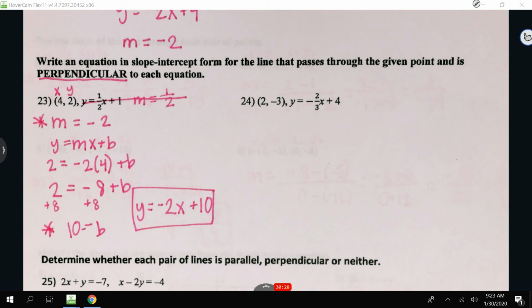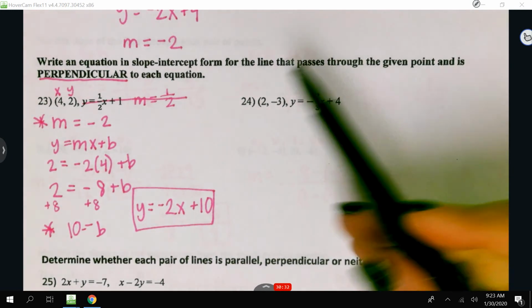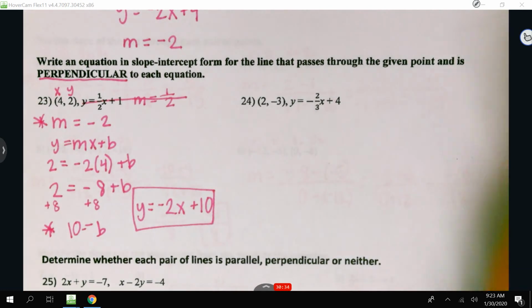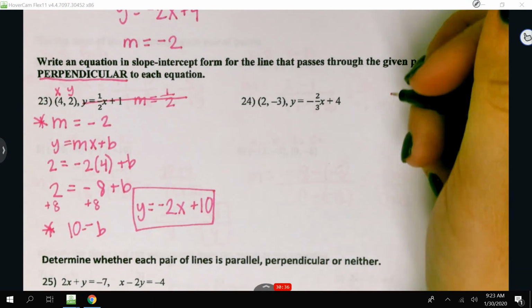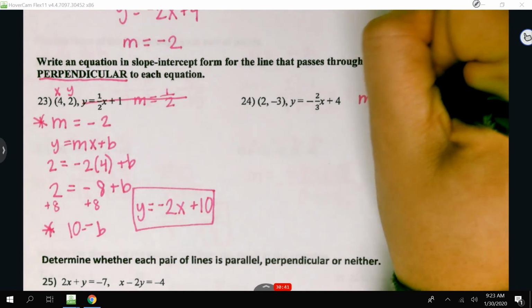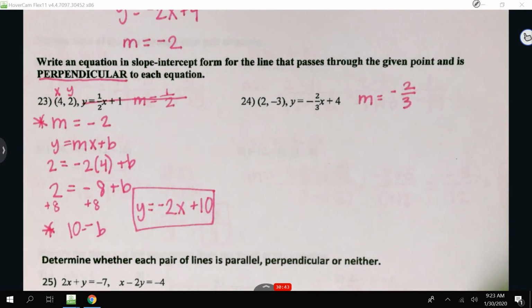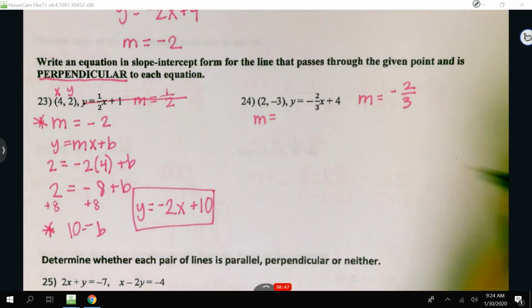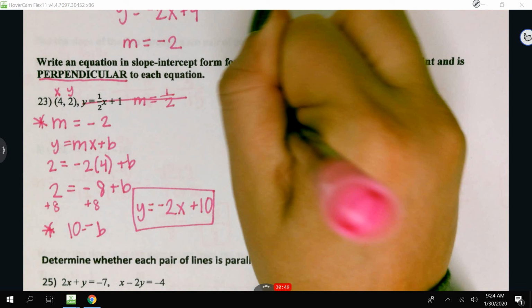Any questions? All right, same deal here. What do I need out of that equation? The slope, which is negative 2/3. So if I'm looking for a line perpendicular to that, what would the slope be? Positive 3/2.